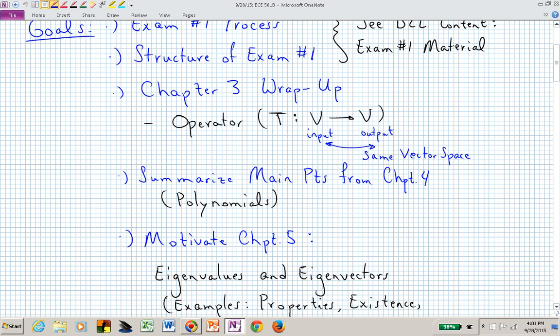That's what we will be playing with for most of the remaining part of the semester. We will then go into Chapter 4, which won't be on the exam, meaning only the first part of today's class will be. Once we get into polynomials, we'll save that for exam number 2.